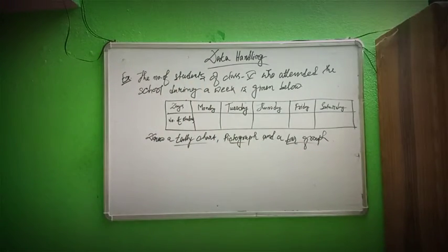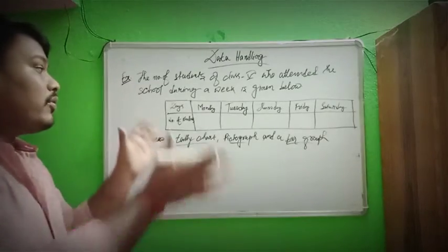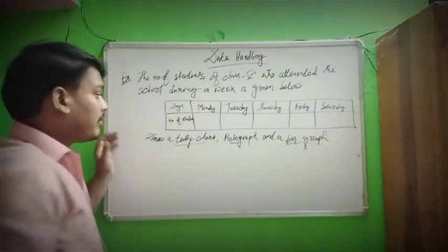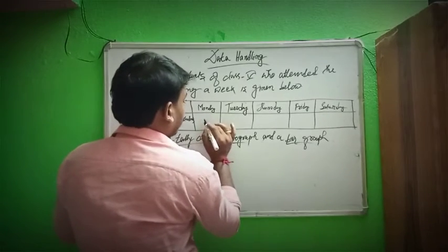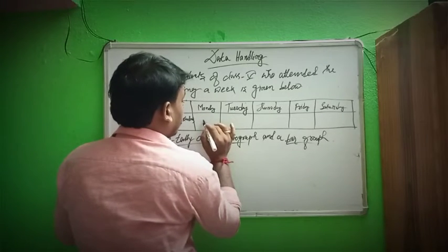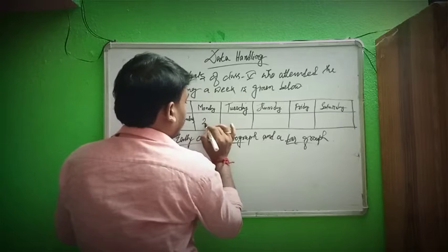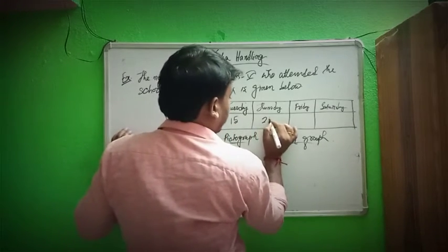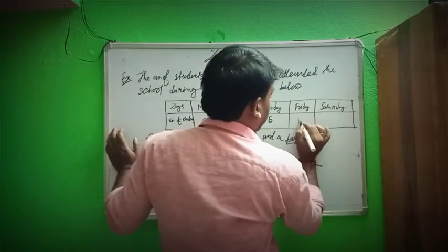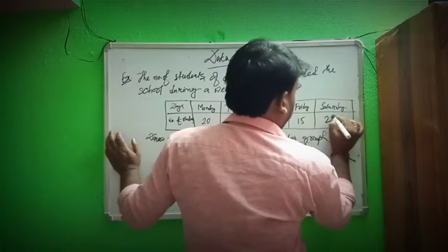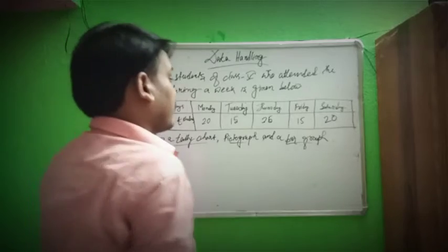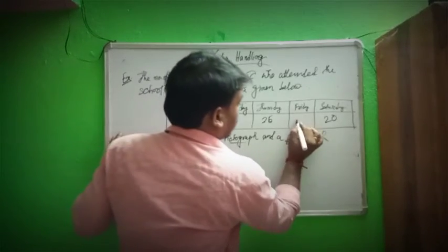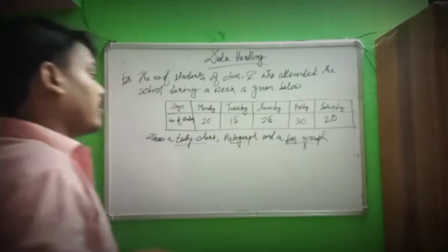For the tally chart, we need to write the values in tally. The values are 20, 15, 25, 30, 20.